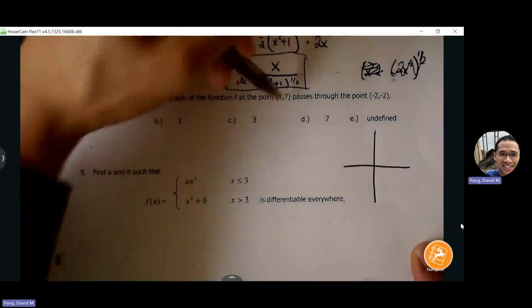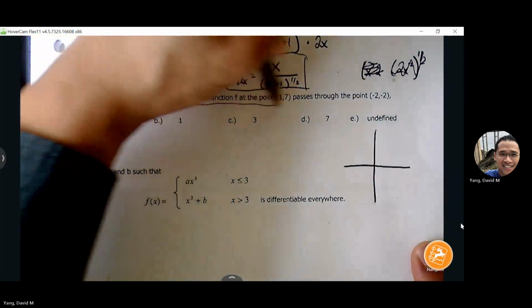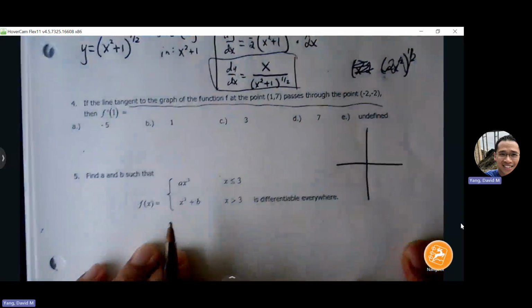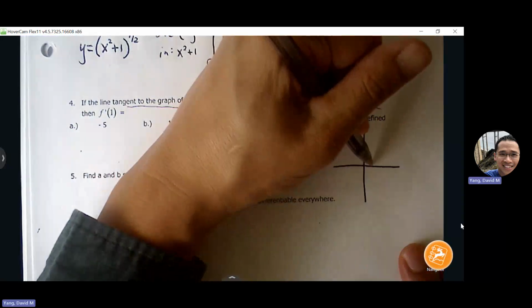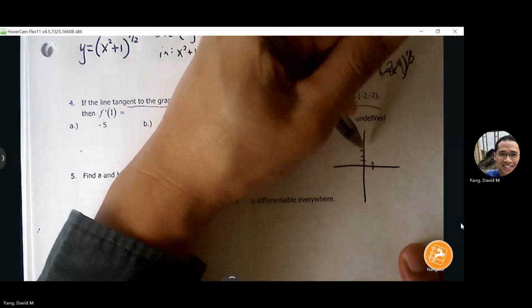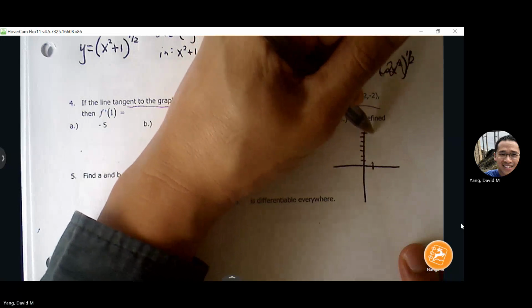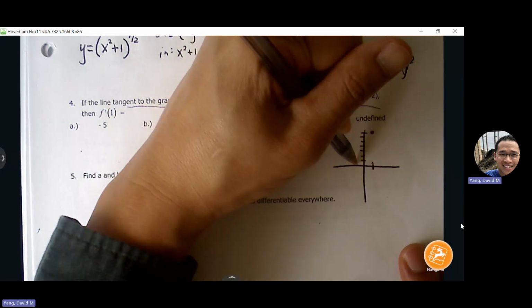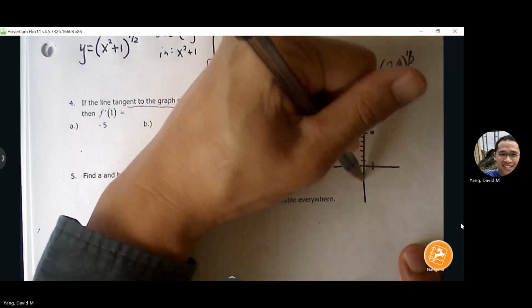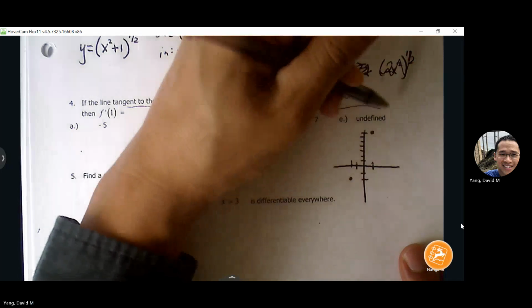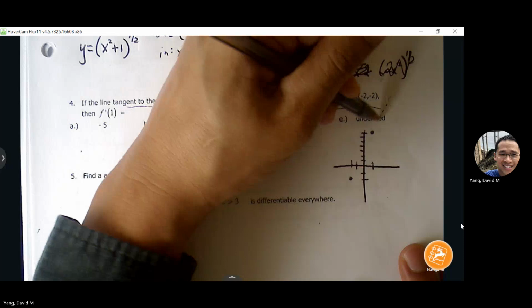So we have a tangent line to the graph, and that tangent line is going to go through these 2 points: (1, 7) and (-2, -2). So here's my tangent line.